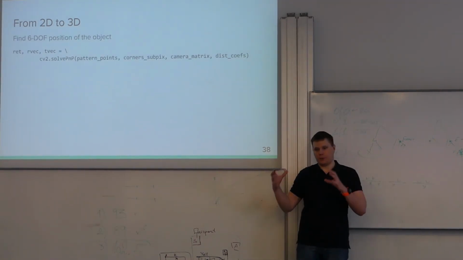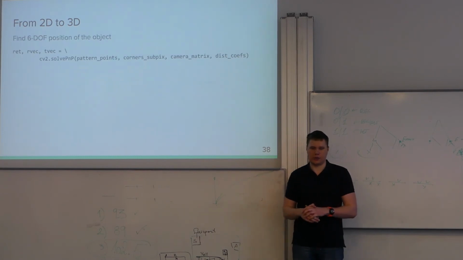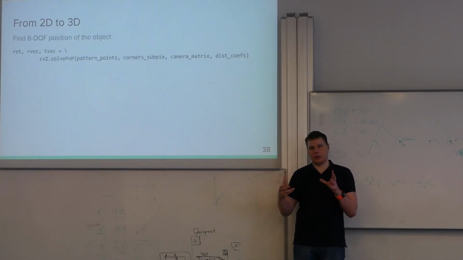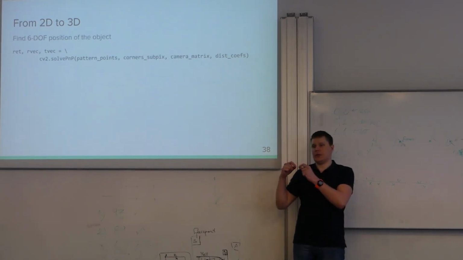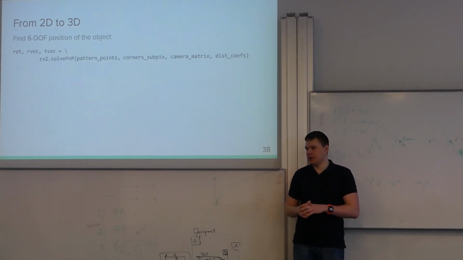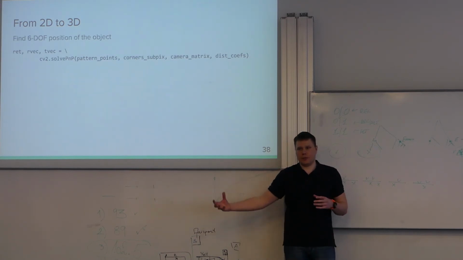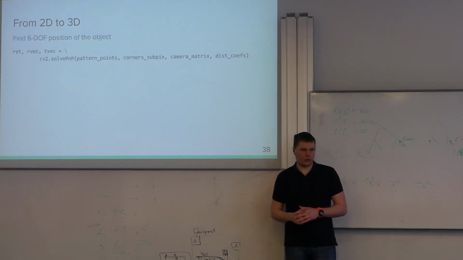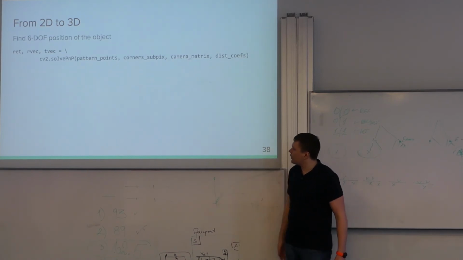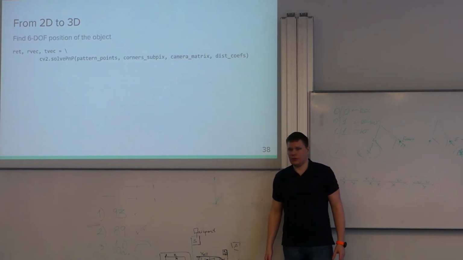For example, we have a 3D cube, and we know its size. We know its geometry, and if we detect all the points of the cube, all the vertices, we can restore its actual 3D position and rotation. It can be done by the CV2 solvePnP function.